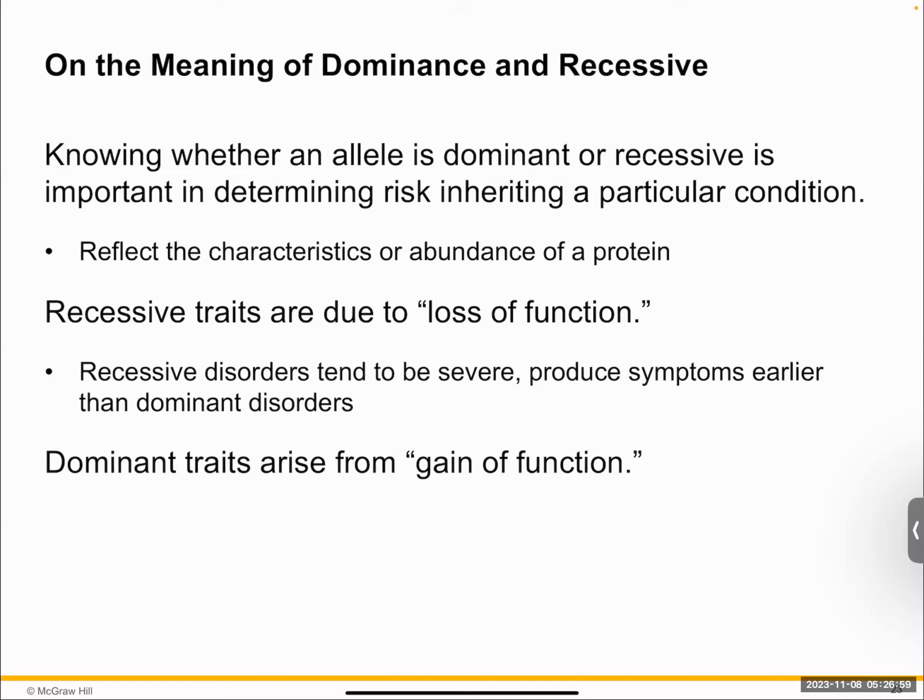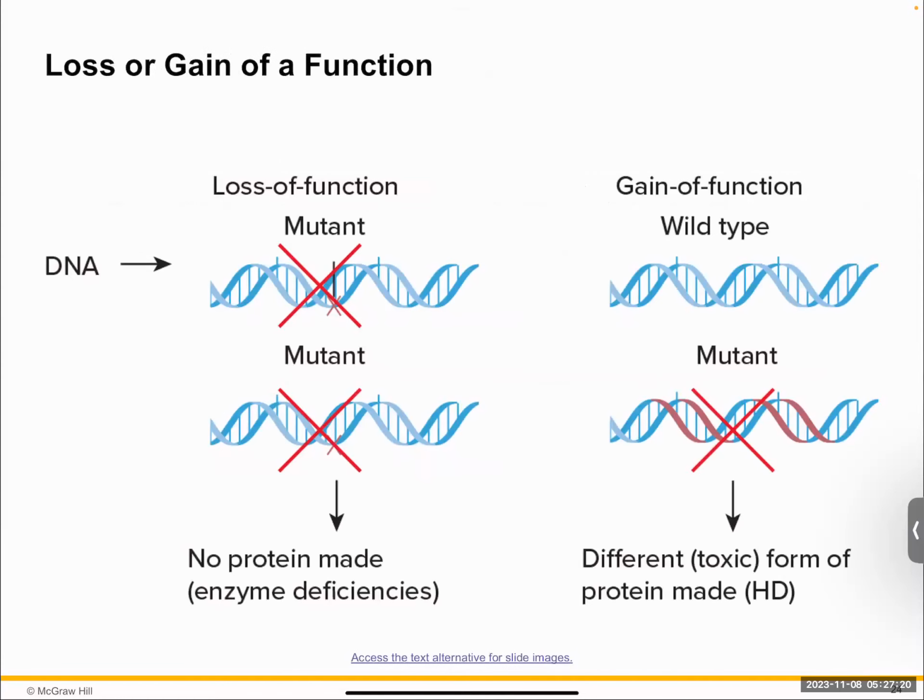Now, recessive traits are a result of loss of function, which means the disorders tend to be more severe if you have a recessive trait, something like cystic fibrosis, versus dominant traits are usually a result of gain of function, and I'll show you this on a picture.